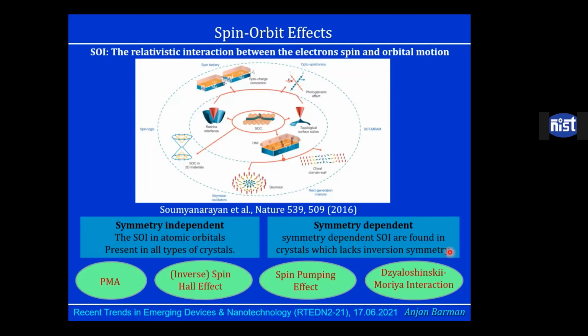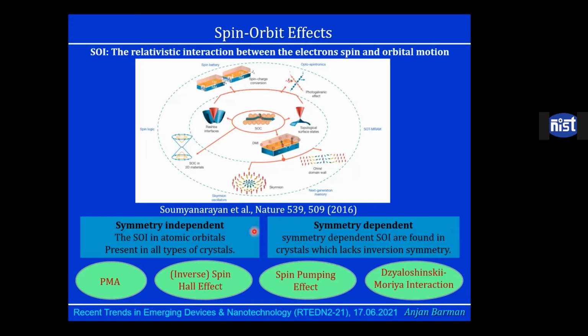So primarily at the surface and the interface of thin film heterostructures, particularly for ferromagnet and heavy metal, or ferromagnet non-magnet heterostructures. Heavy metal is required because it has a large Z value, and because the spin orbit coupling goes as Z to the power 4, that helps in having larger spin orbit interaction.